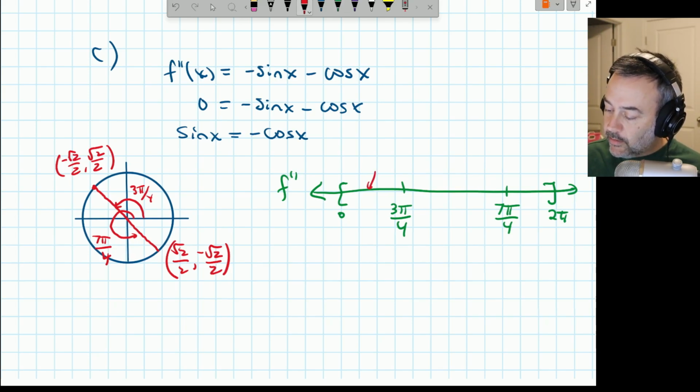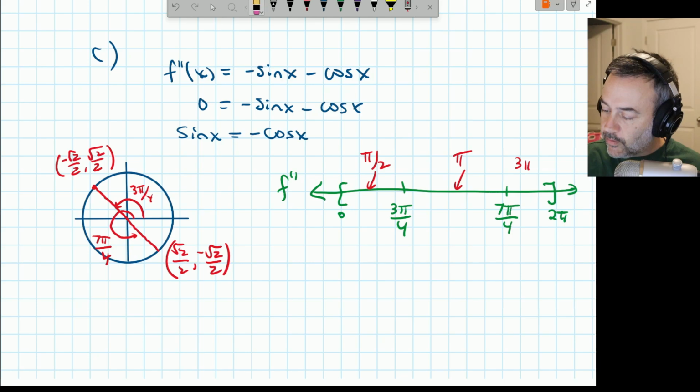We can easily plug in pi over 2 is in here. Pi is always easy to plug in. Sorry, pi is over here. Over here, we'd have to plug in something like, how about 11 pi over 6? So that would be over here.